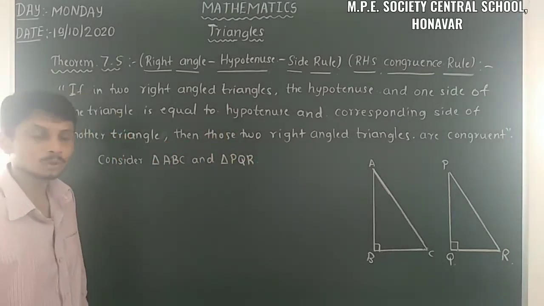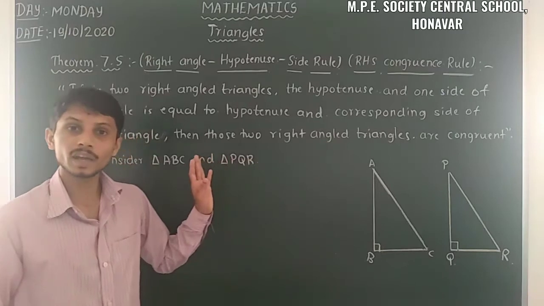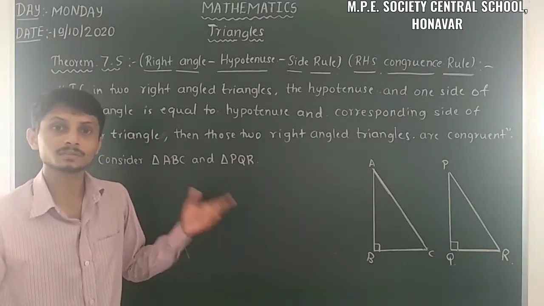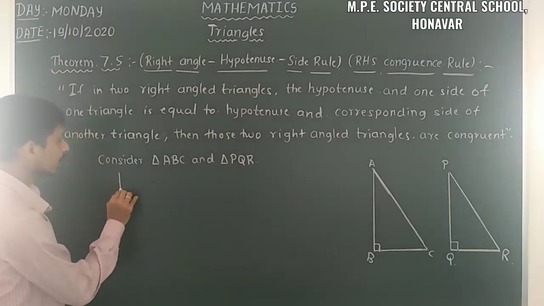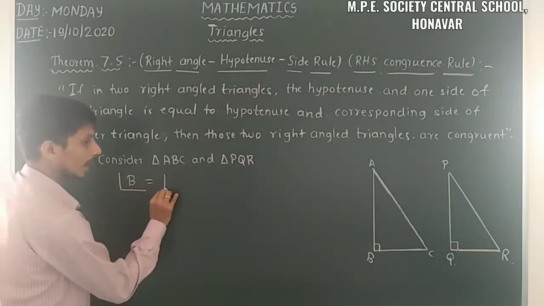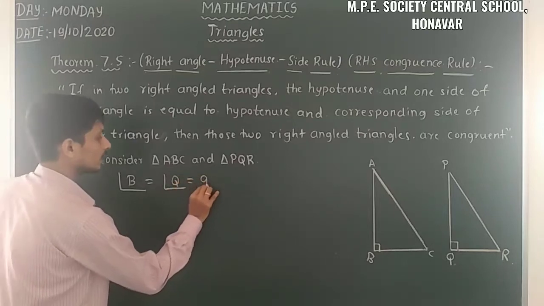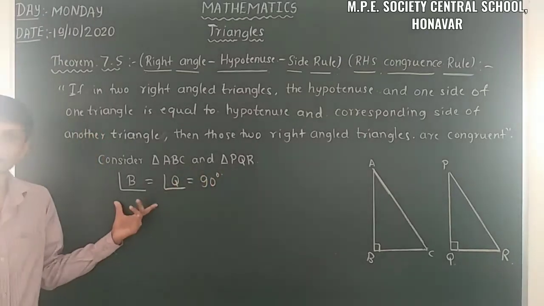Then we have to take the conditions. Firstly, we have to take the right angle. Angle B is equal to angle Q is equal to 90 degrees.